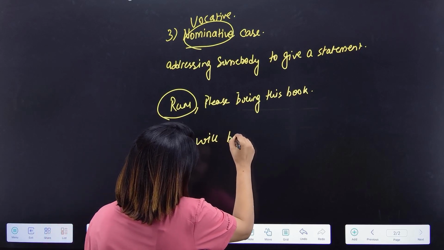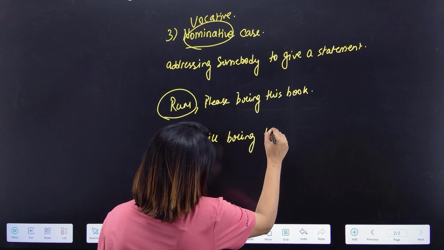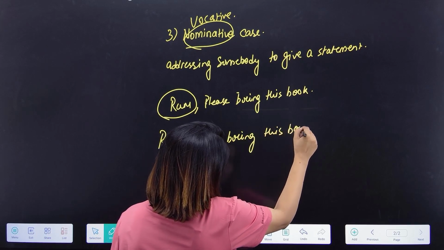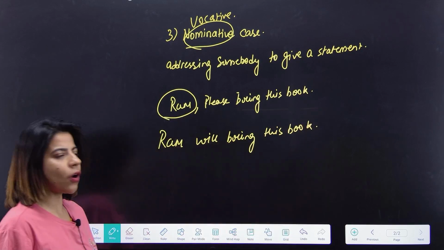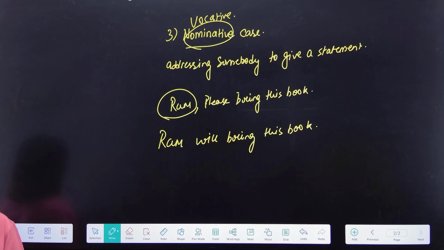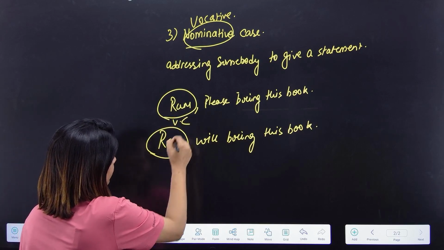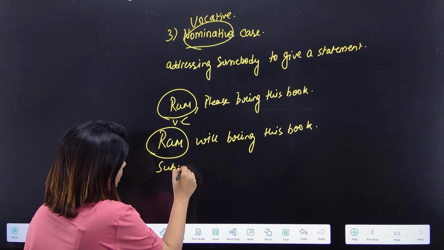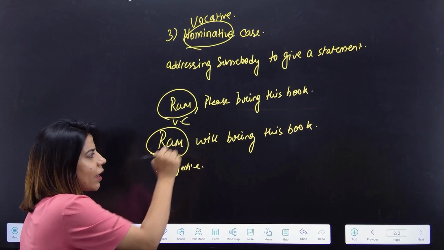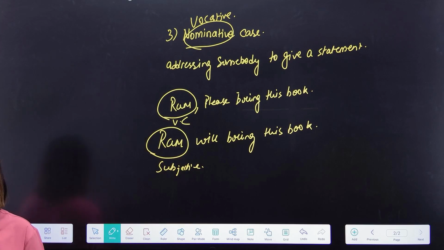Ram will bring this book. So here Ram is what? Which case of noun? Subjective case. Here Ram was vocative case, but here Ram is subjective case. Why? Because here I am not addressing, here I am stating.